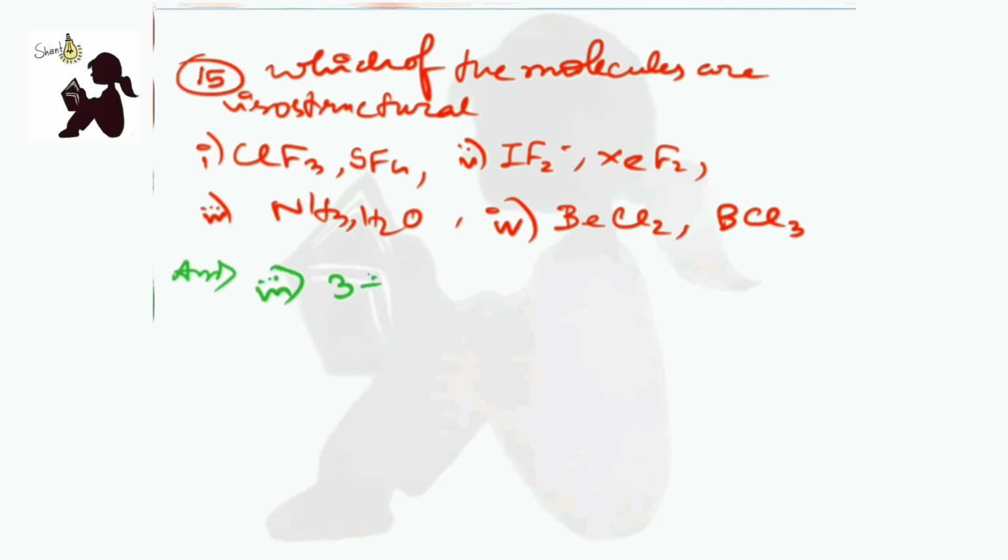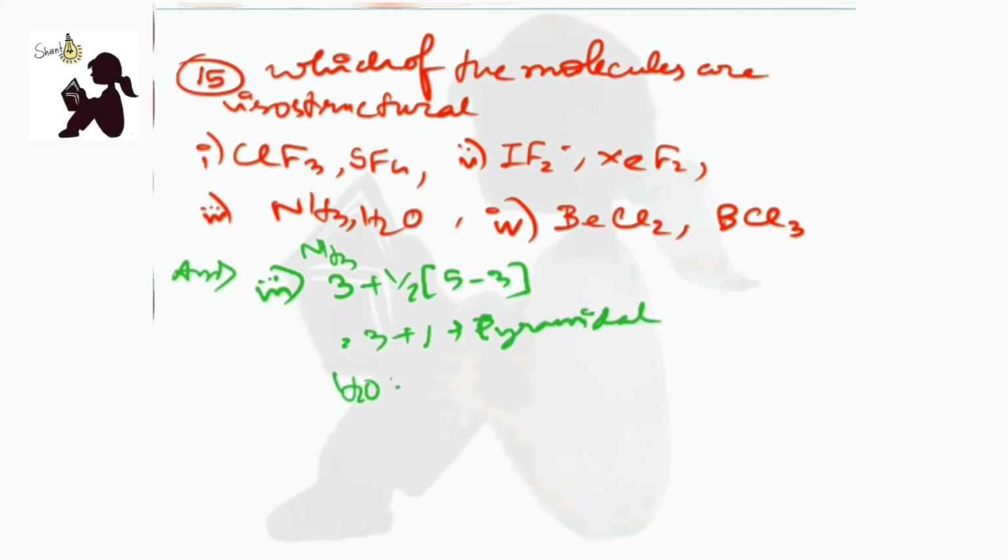It is NH3, that is 3 plus half into 5 minus 3. So it will be 3 plus 1, that is a pyramidal structure. Now for H2O, what we will see is 2 plus half into 6 minus 2. So that will be 2 plus 2. So it will be V shape. So it's also not isostructural here, right?